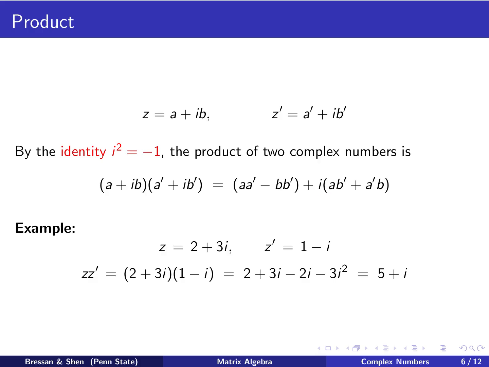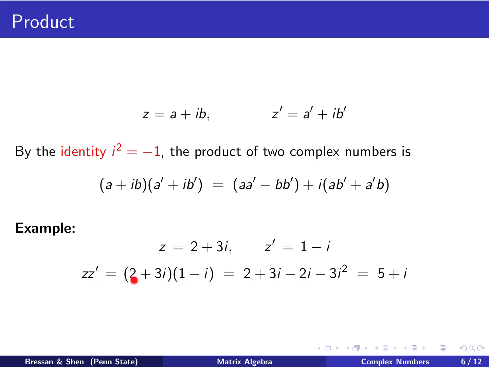Okay. So a quick example would be, say that's my z prime, and I want to compute z times z prime, and I've put in the numbers for z and z prime, and now I can open this up. I can distribute 2 plus 3i times 1 first, then I will get 2 plus 3i.